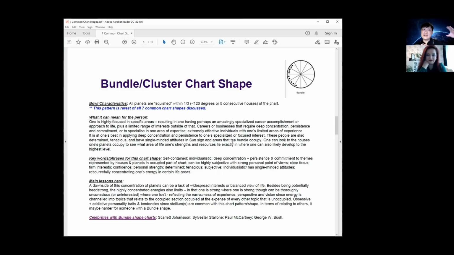When someone has a bundle or cluster chart shape, this shows a specialist kind of energy, and they have a very defined, almost tunnel vision focus on what they set out to do in their lives. A lot of concentration within them, a lot of persistence and commitment as well.